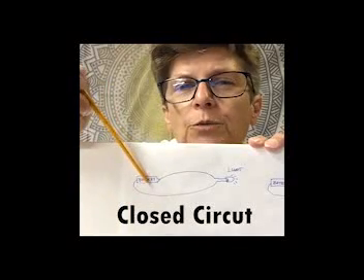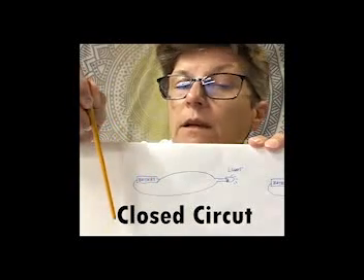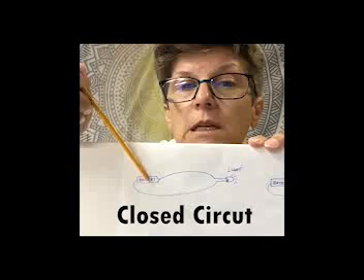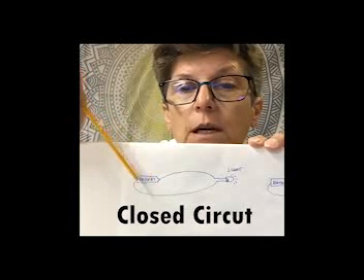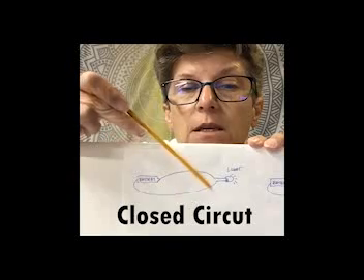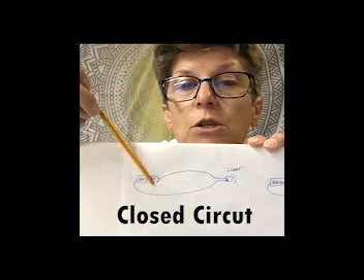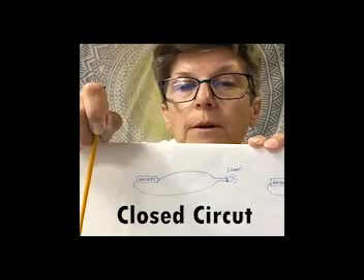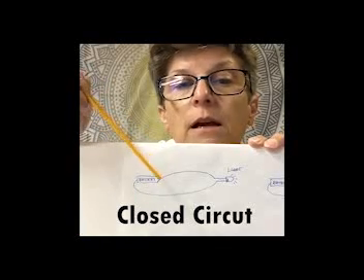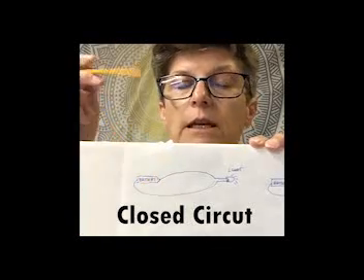And now, would a refrigerator be running off a battery? No, it would be coming from electricity. But it's the same thing. Whether it's a battery or electricity right here, it still needs to have this closed circle in order for the energy to do its job. Now, that's called a closed circuit.